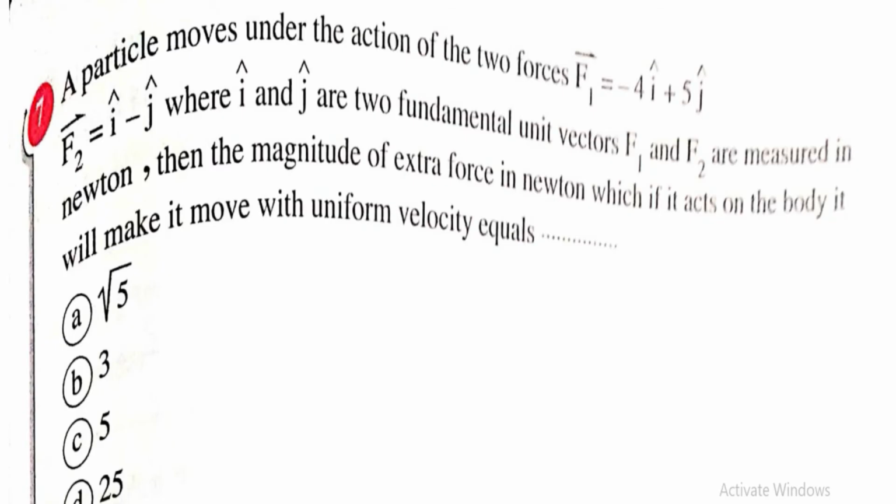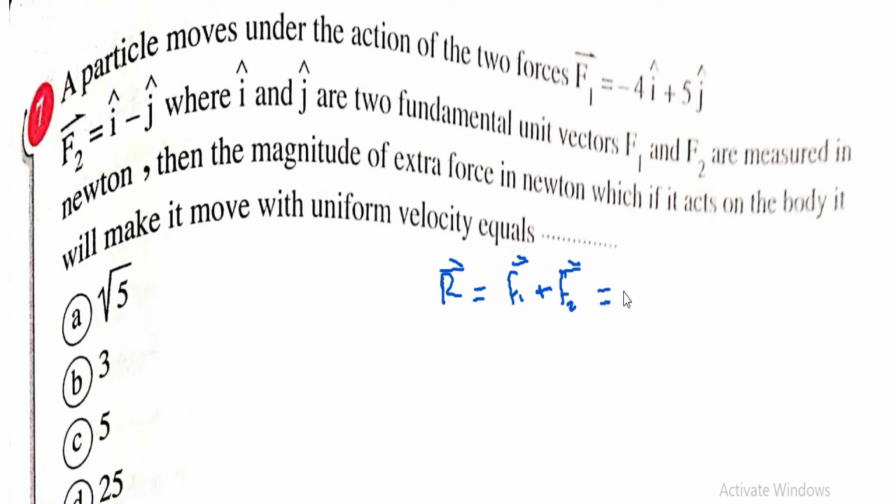A particle moves under the action of two forces F1 and F2, measured in Newton. Then the magnitude of the extra force in Newton which, if it acts on the body, will make it move with uniform velocity: the extra force equals the resultant of the two forces but in the other direction. R equals F1 plus F2 as vectors.